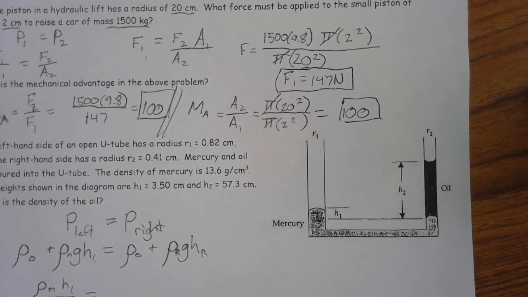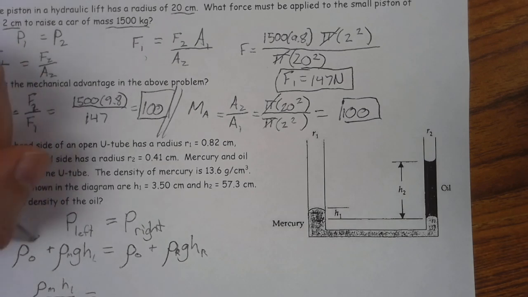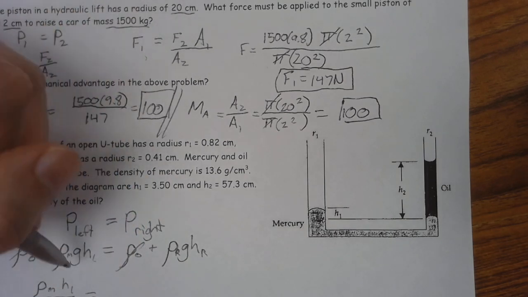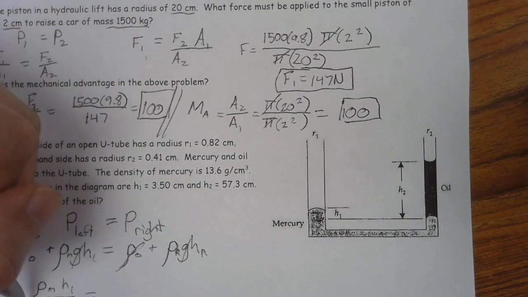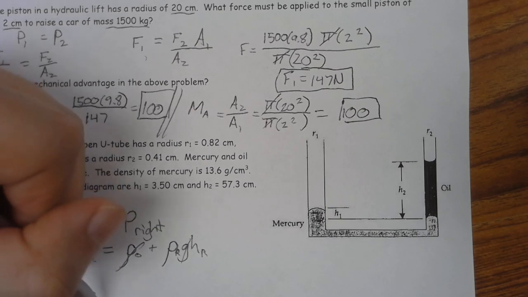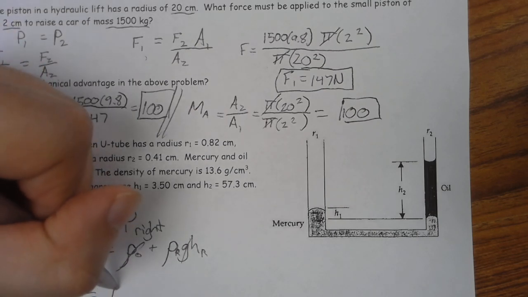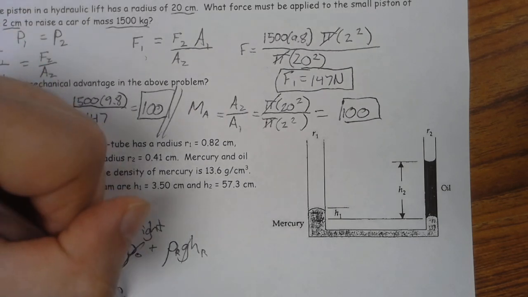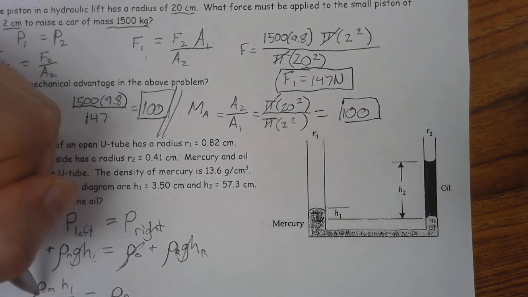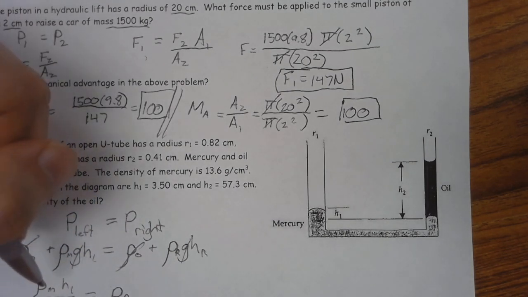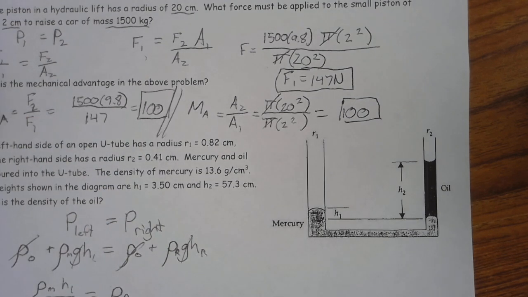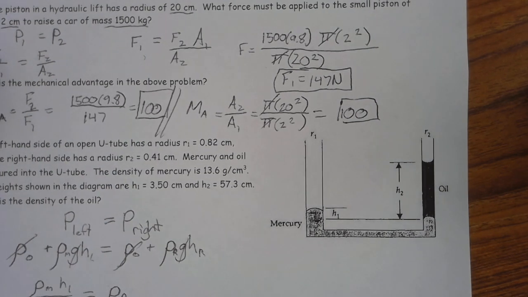And that should give me, oh, you're like, wait, we skipped a step. Subtract that out, cancel out the gravities. That should give us our density of the right-hand side. So I have rho times h of the left side divided by the height of the right side will give me the rho of the right side.